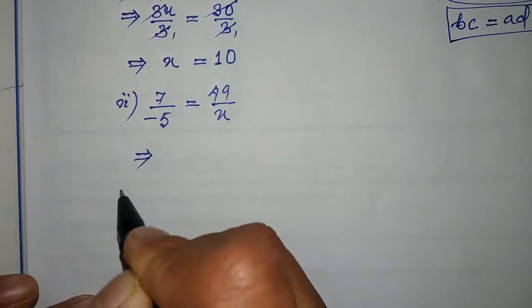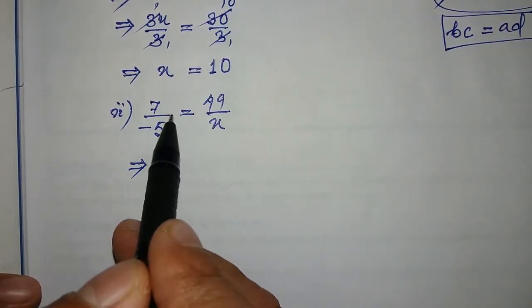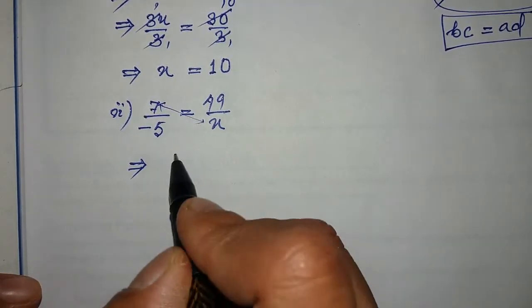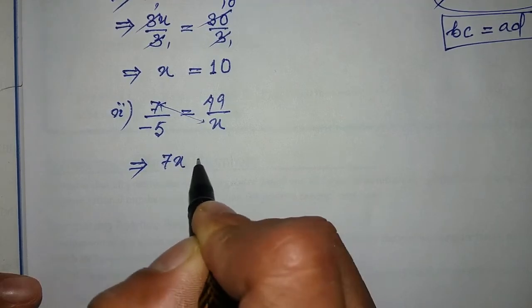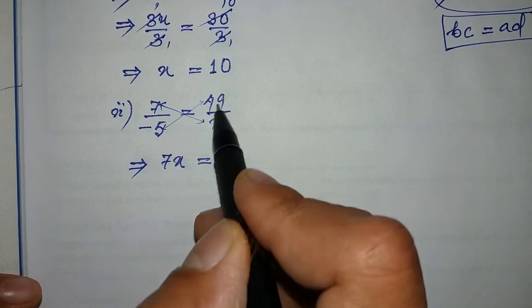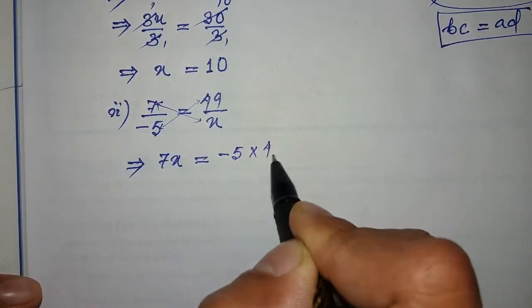Now here also again we're going to do cross multiplication. So since x is here, let's multiply these two first. So 7 into x is 7x, and then this one and this one, minus 5 and 49. So minus 5 into 49.